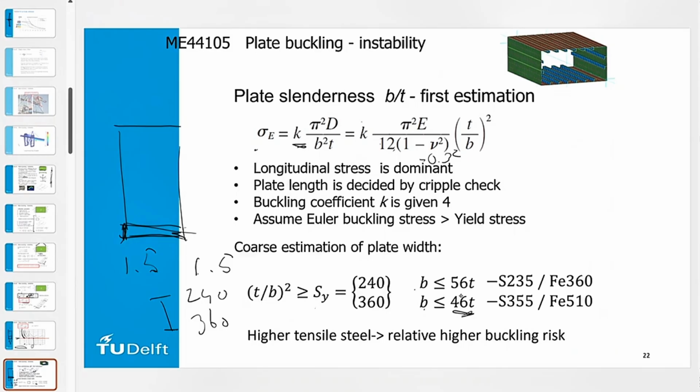So instead of 65 times the thickness, I need to do 46 times the thickness. So that is, what is this? Maybe 20%. So I can reduce the plate thickness with 50%. That is true, but I need 1.5 times 1.2, maybe 70% more stiffeners. So the distance between the original stiffener and the new stiffener is much more. And that is the consequence.